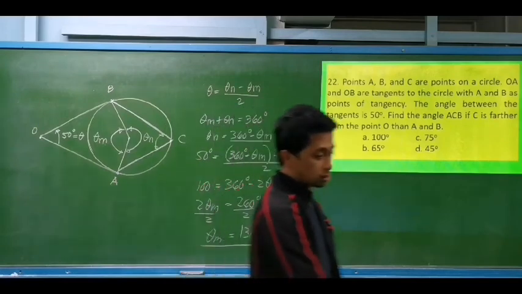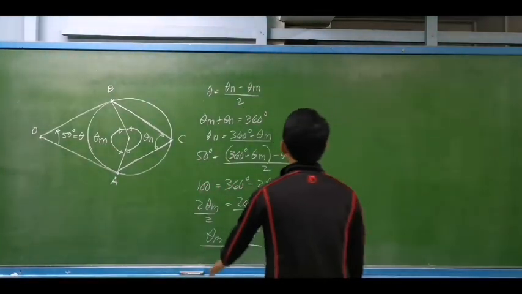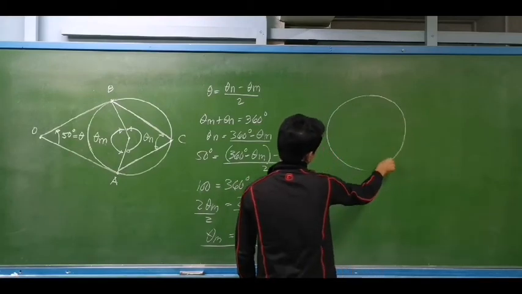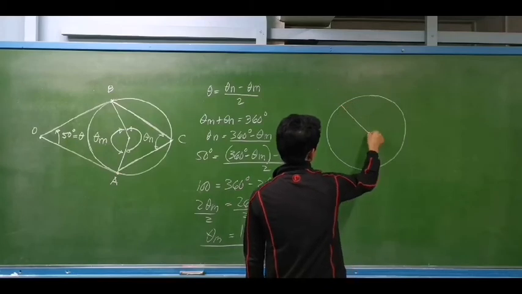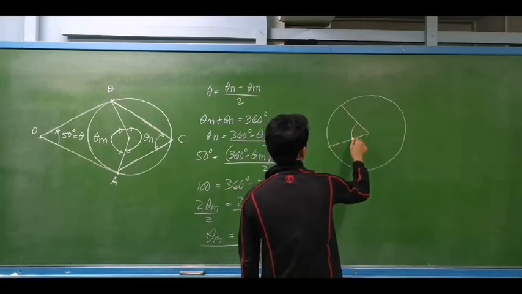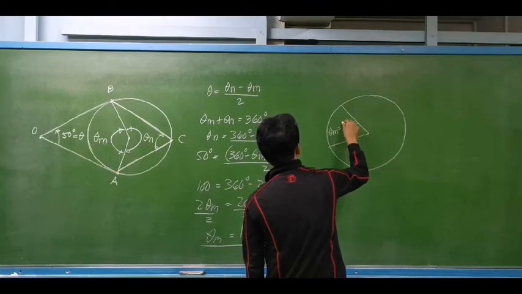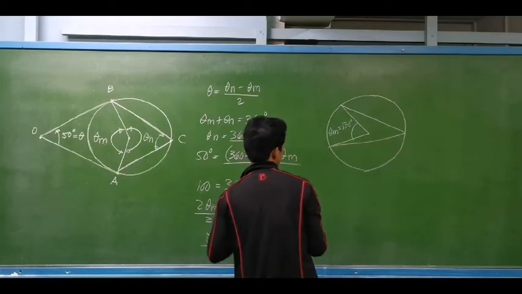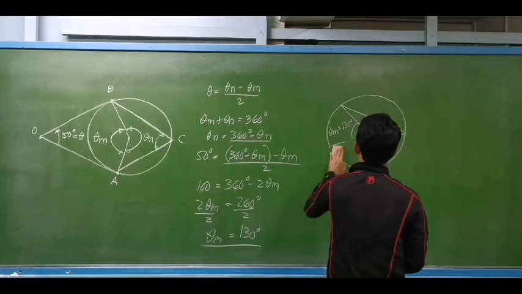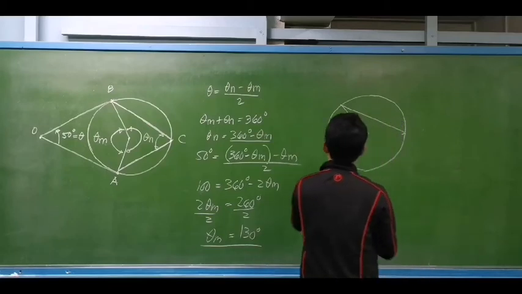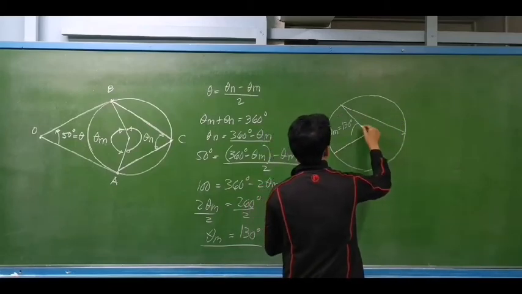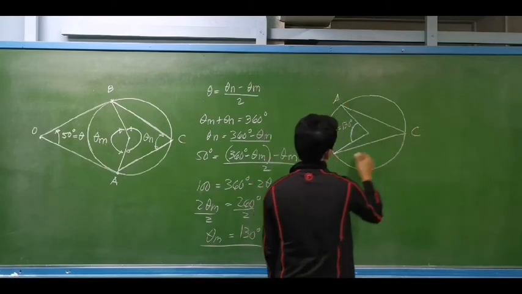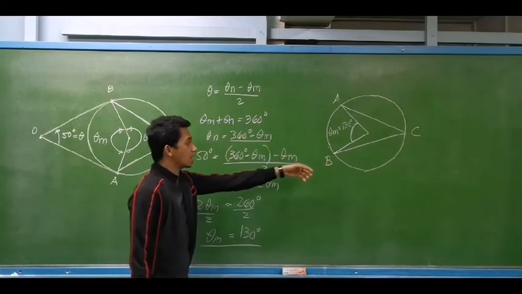Okay, then mag-focus lang tayo. Separate lang natin yung figure na involved lang si ACB. Separate natin yan. Then, balikan ninyo yung peripheral angle theorem. So, ang hinahanap natin dito is yung angle ACB.